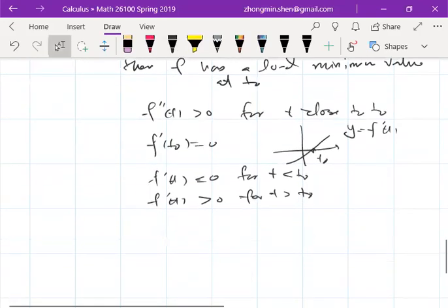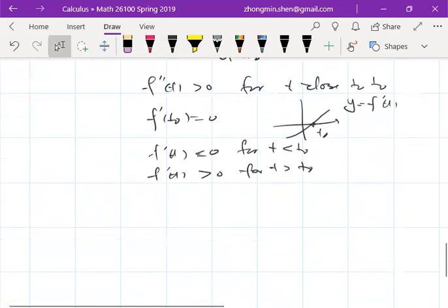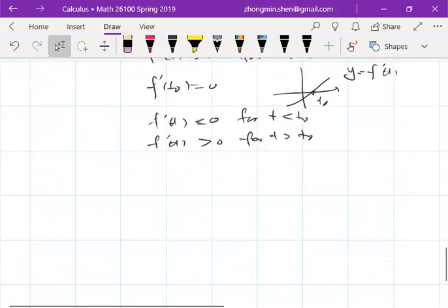Now, how can I use this theorem to get some result to check? Now we have two variables, right? Whether this function has a local maximum value or local minimum value. Here's the point. We consider a function f of x and y.